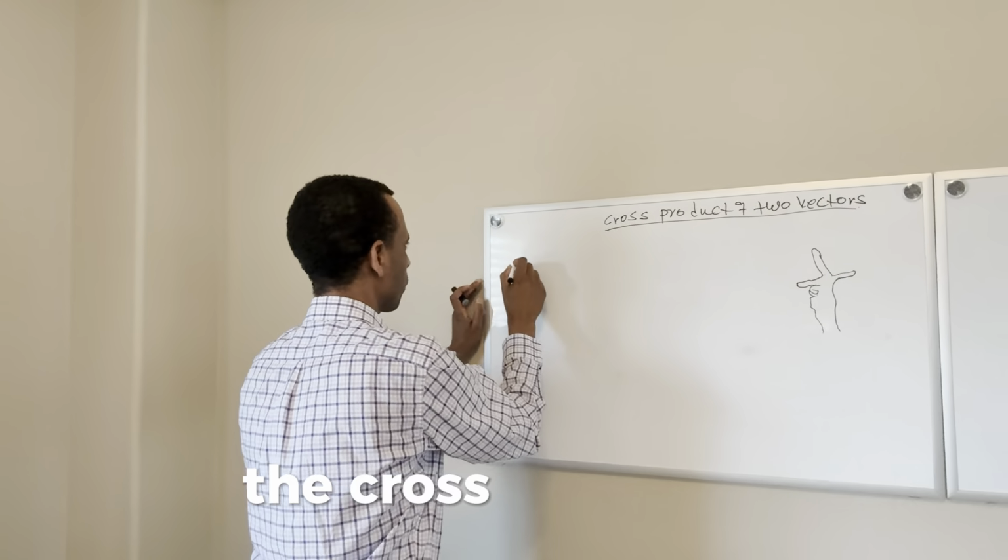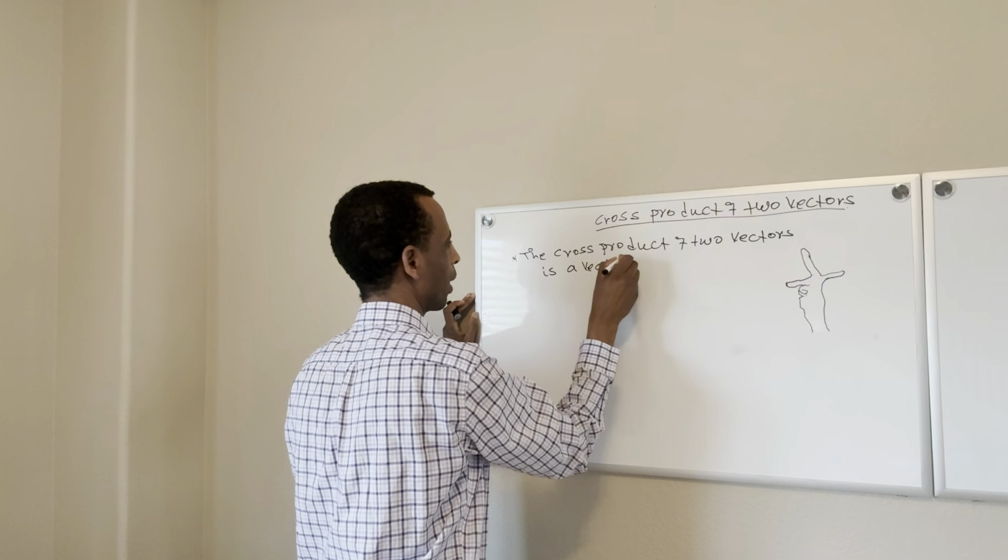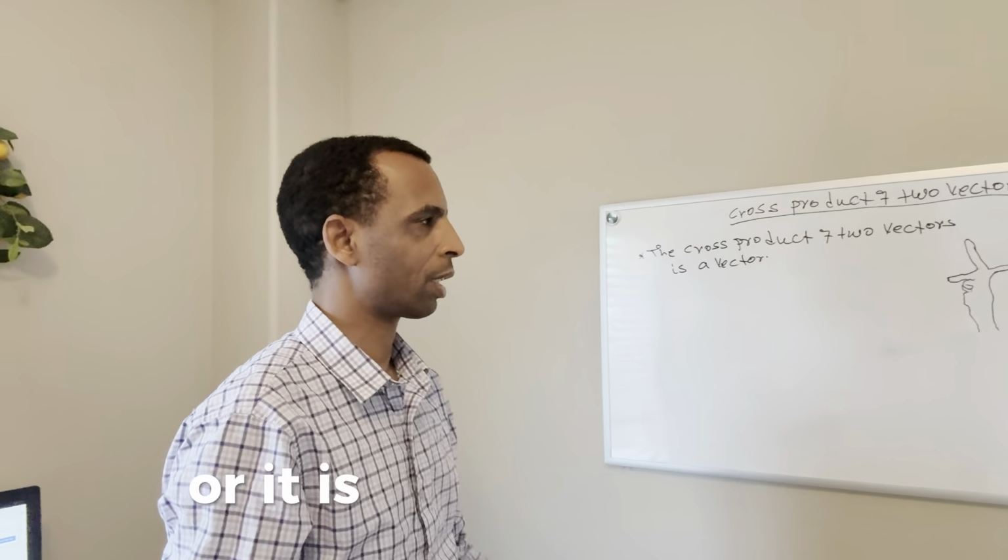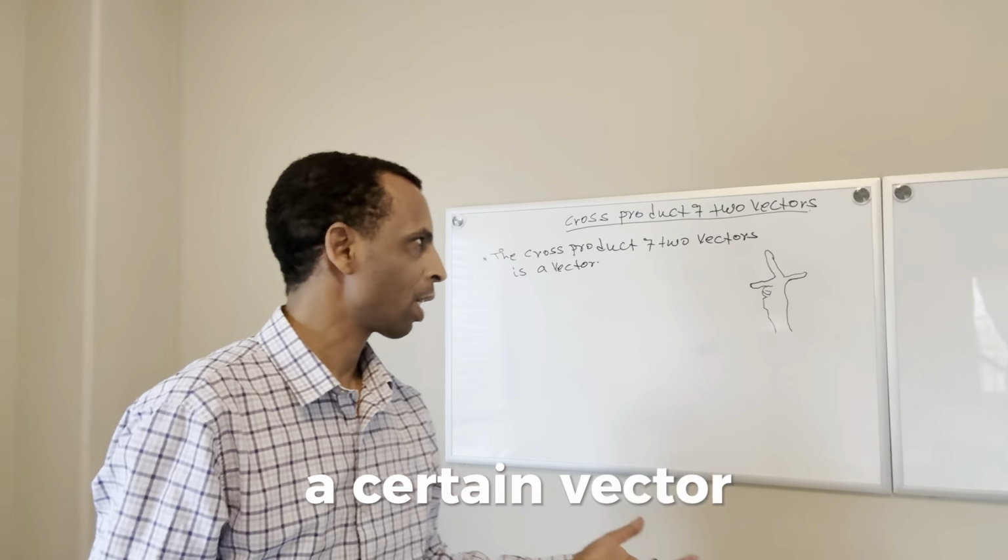The cross product of two vectors is a vector, or what you call a third vector.